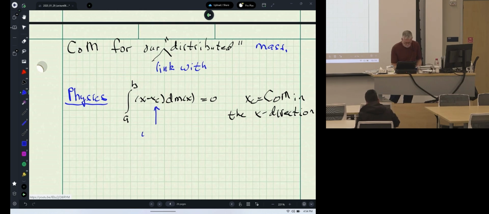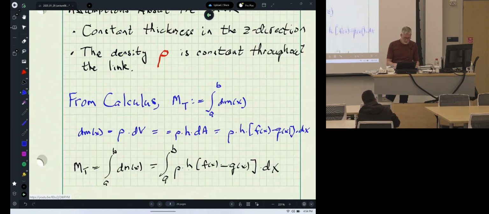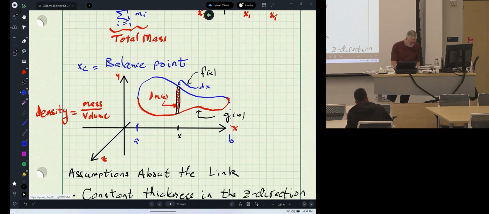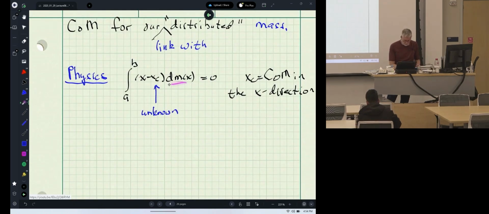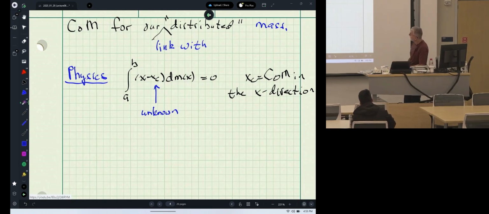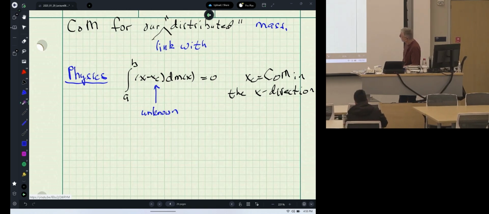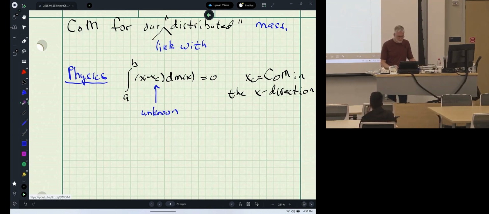That's unknown, and that's what we're trying to solve for. x is a variable. x is right here, the position that we are in this object. We've already calculated the differential mass, which was rho h times f of x minus g of x, the quantity, times the differential width dx.